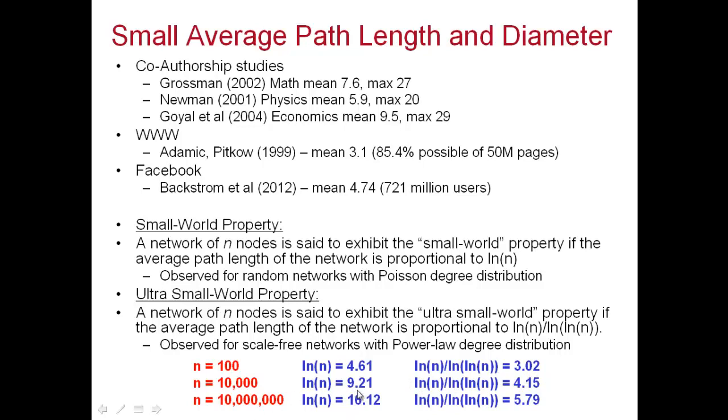And for 10 million, log n is 16.12, with log of 16.12 in the denominator, so 16.12 divided by log of 16.12 is like 5.79. So this ratio is even smaller than log n. So if a network is exhibiting a path length that is proportional to log n divided by log of log n, then you can say the network is exhibiting ultra small world property.